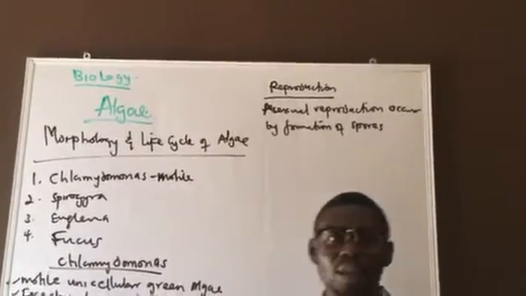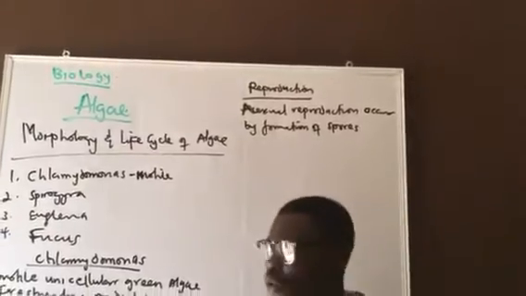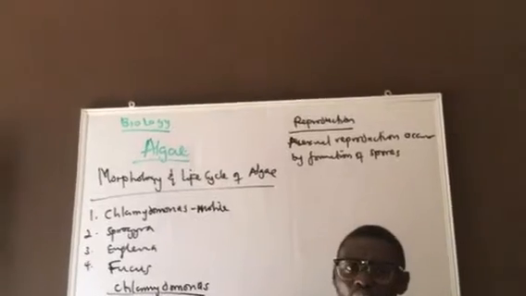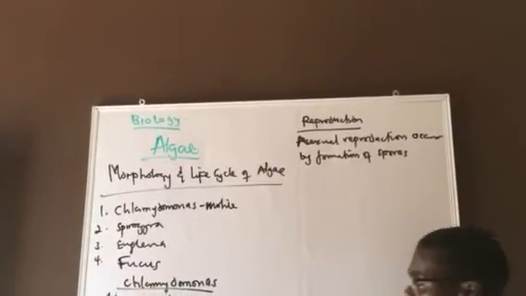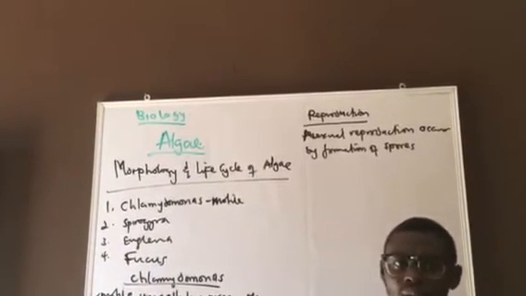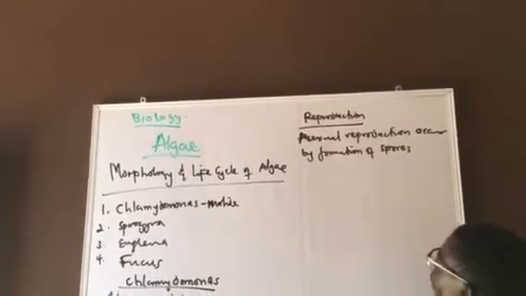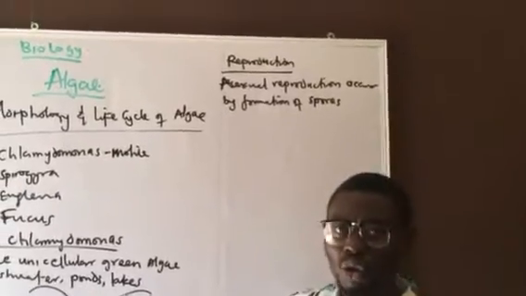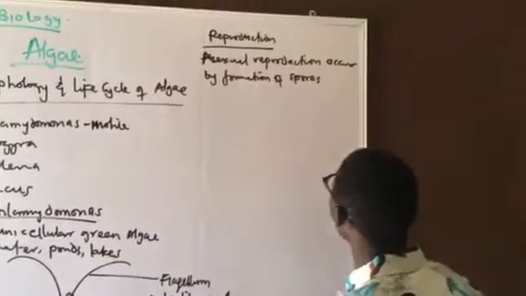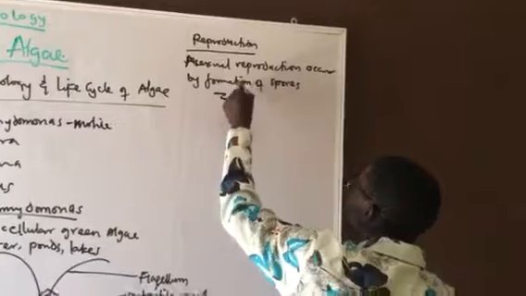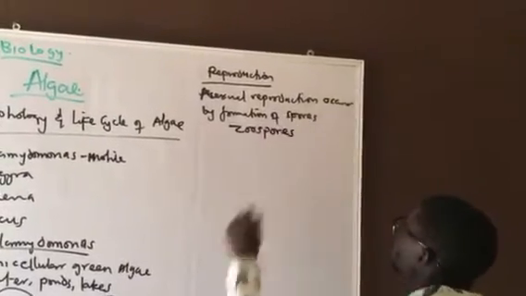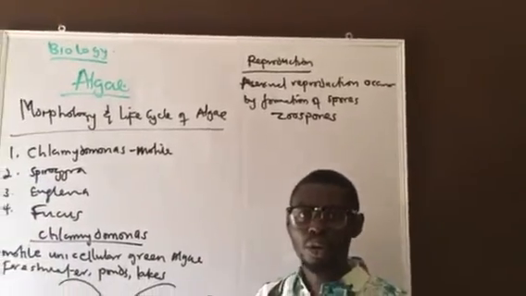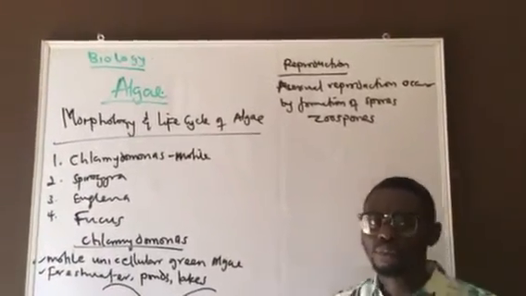So when there is division, when these Chlamydomonas want to carry out reproduction, the chloroplast will be withdrawn, and after that there will be formation of spores. So these spores are called zoospores. That is the type of spores they form.